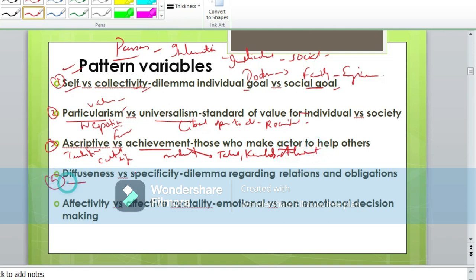Fourth part comes as diffuseness versus specificity. So when an individual has a dilemma regarding relations and obligations with the social sphere, for example, husband-wife relations are very close, while two families are interacting.